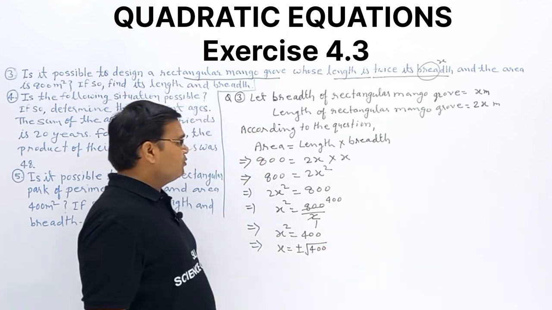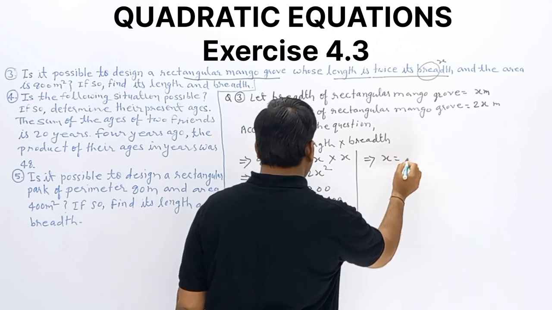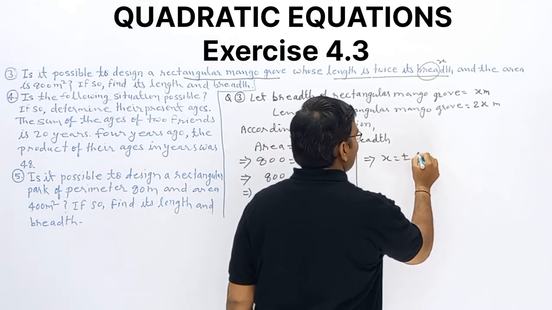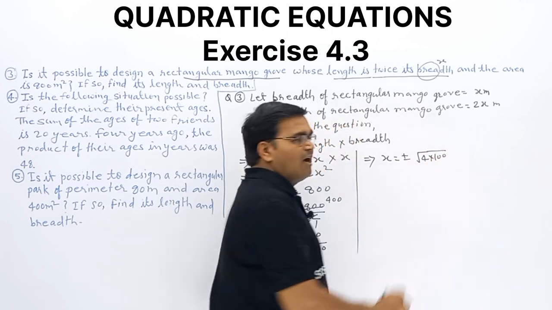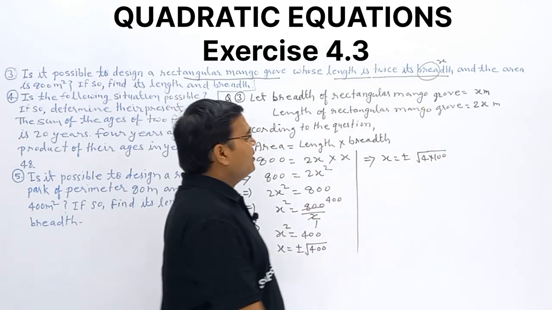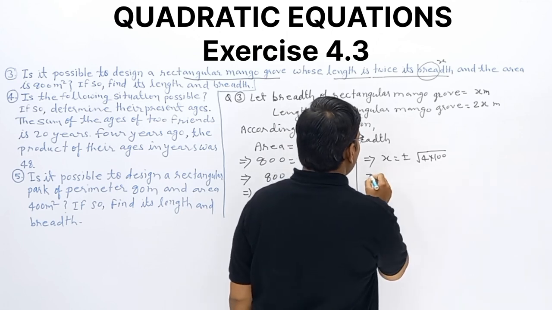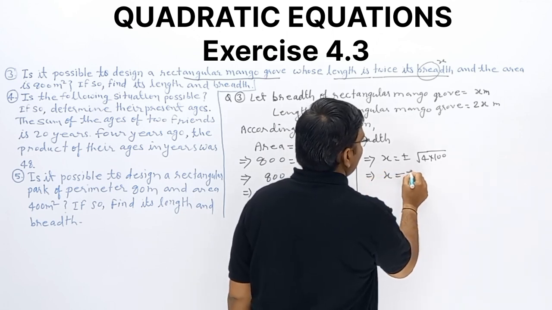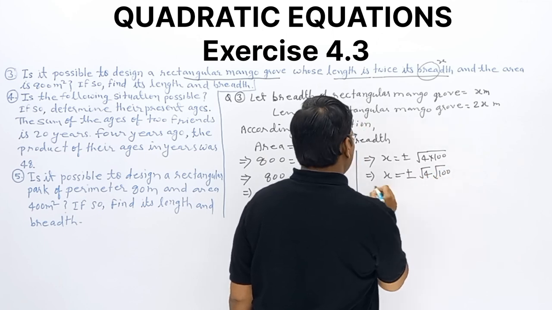And what will be the square root? x can be written as plus minus root of 4 into 100. Now split this. By the laws of exponents, root of a into b is root a into root b. So x equals plus minus root 4 into root 100.